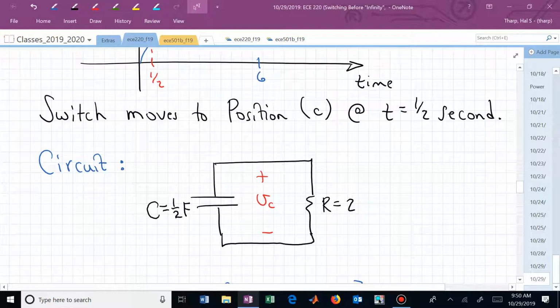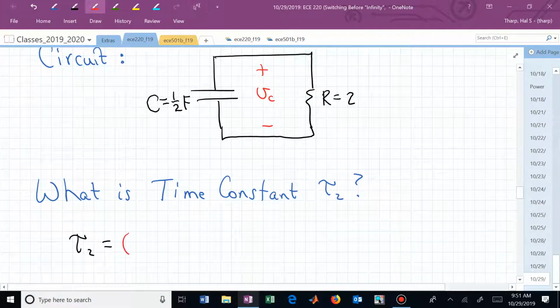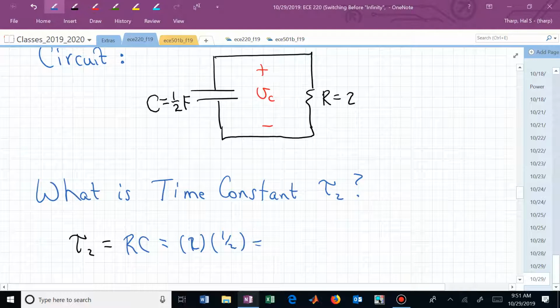And what's our time constant for this circuit? It's RC again, isn't it? Here R is 2, C is 1/2, so our tau sub 2 in this case is 1 second.